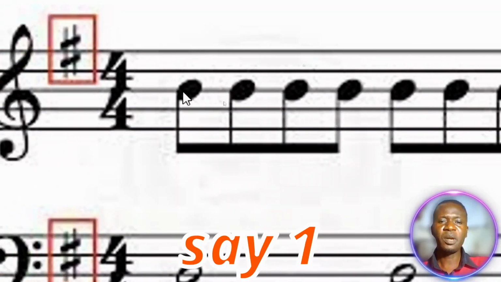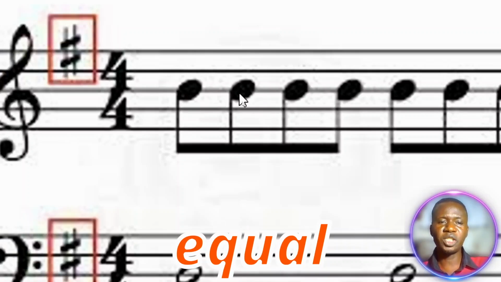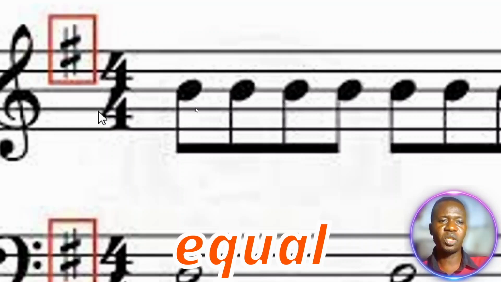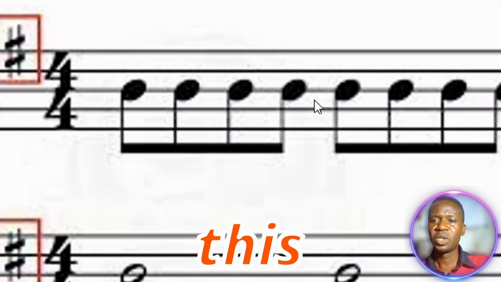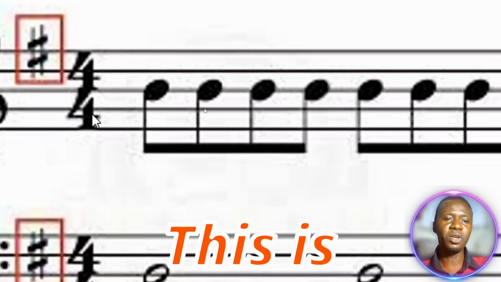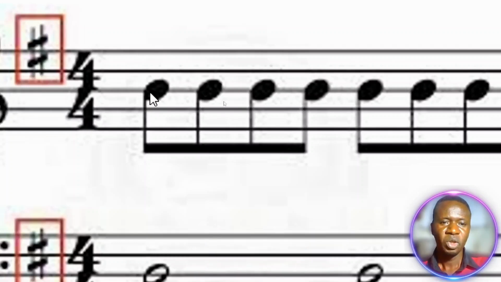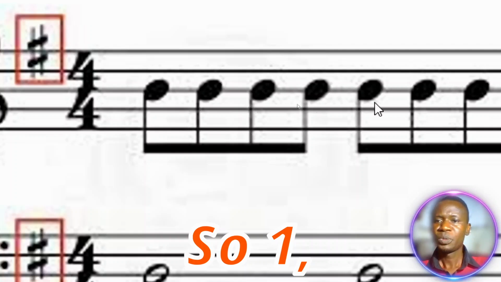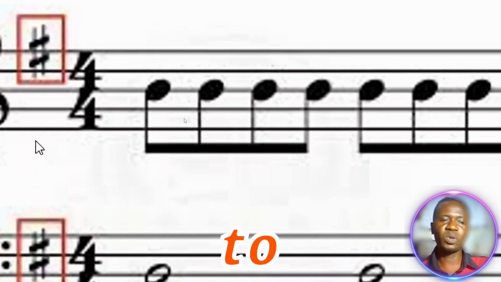So we say 1 plus 1 is equal to 1, then this one and this one is equal to 2. This one and this one is 3, and this one and this one are 4. This is why this 4 is here. So 1, 2, 3, 4 is equal to just 2. So 1, 2, 3, 4 again is equal to this 4.